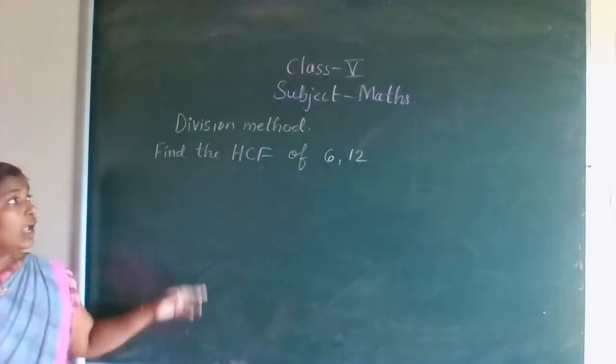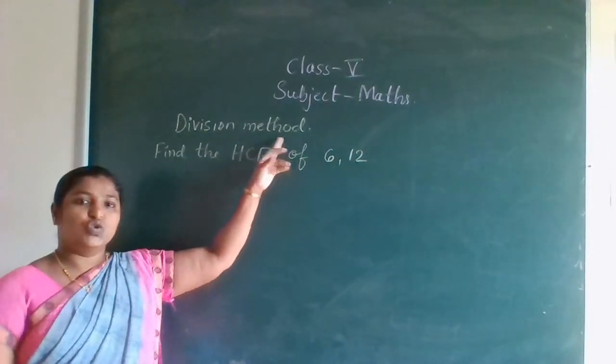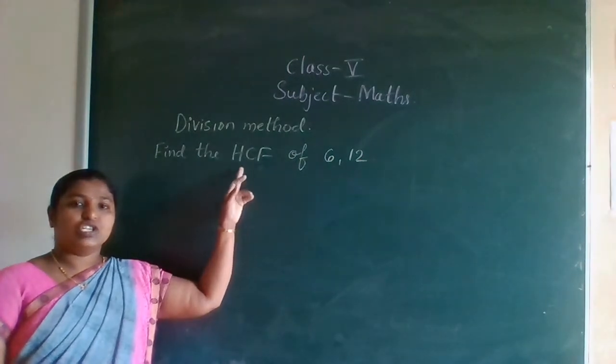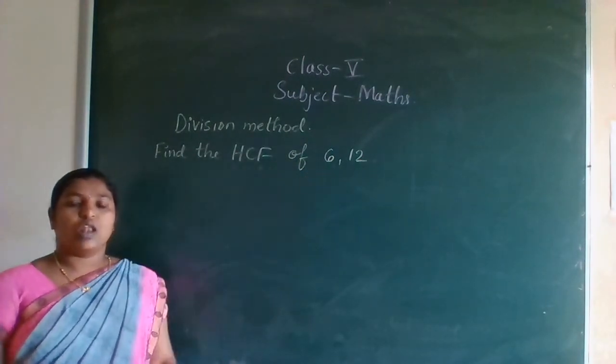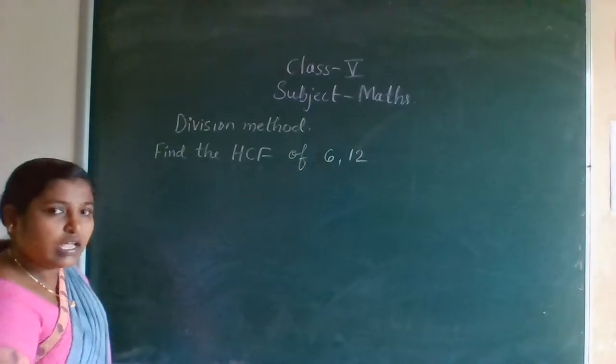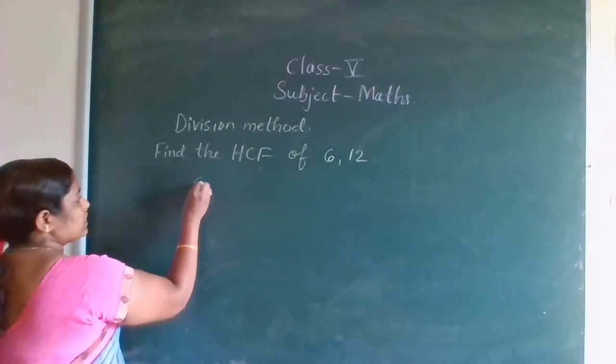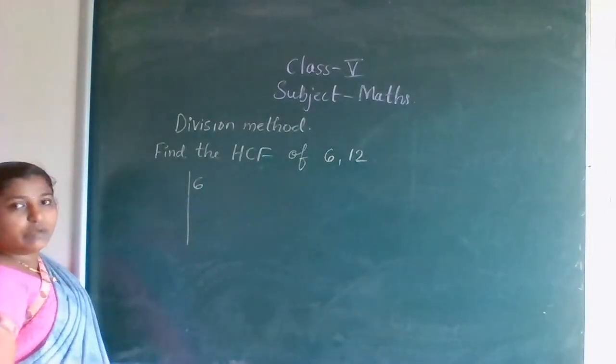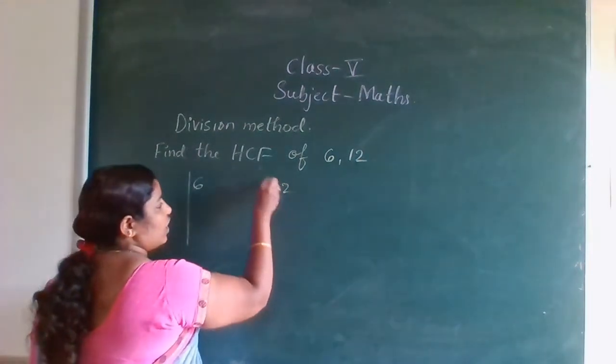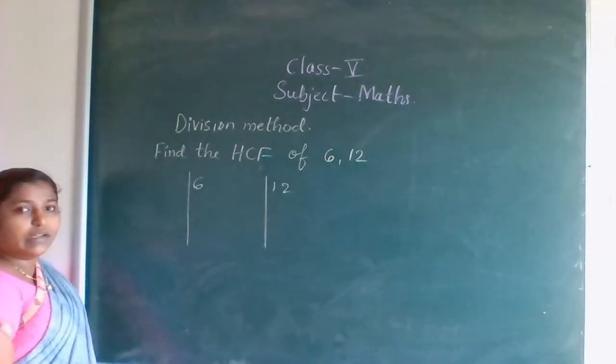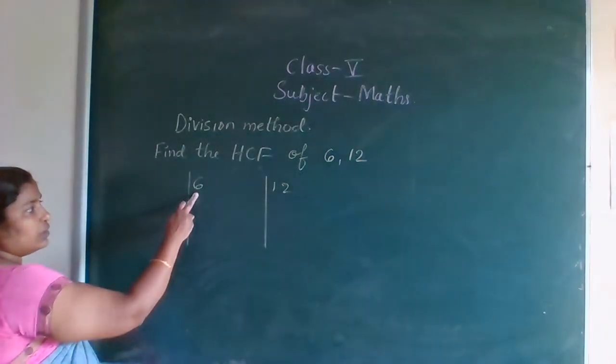Got it? By the division method we should do. How to do this? I'll show you. First take 6 and do the division method, and take 12 and do the division method. I told you already the division method.